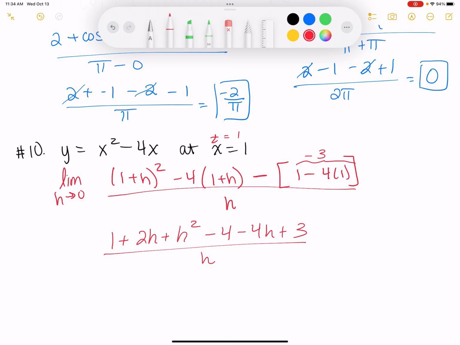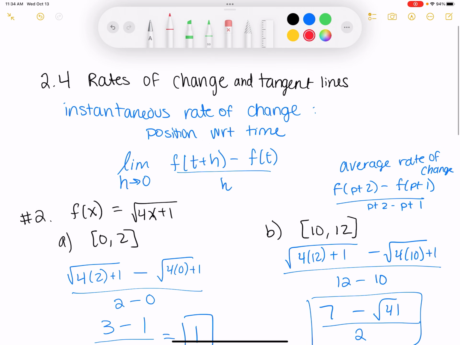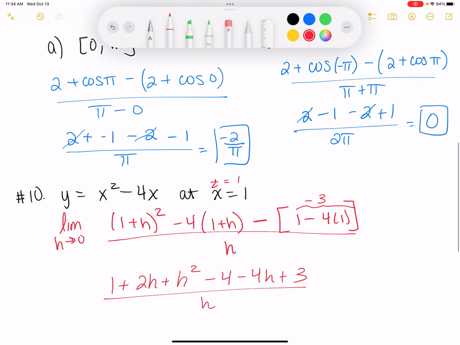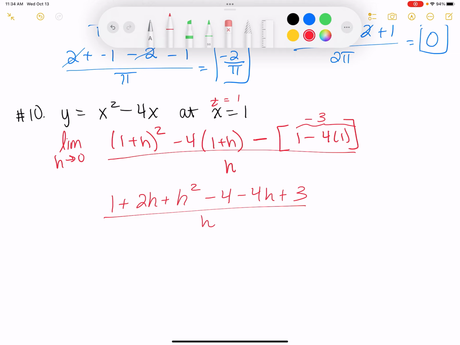So whenever it says at x equals whatever, it's just going to be minus. So the formula is f of t plus h. So that's how we got the first part. This 1 plus h squared minus 4 times 1 plus h. That took care of the t plus h part out of the formula.